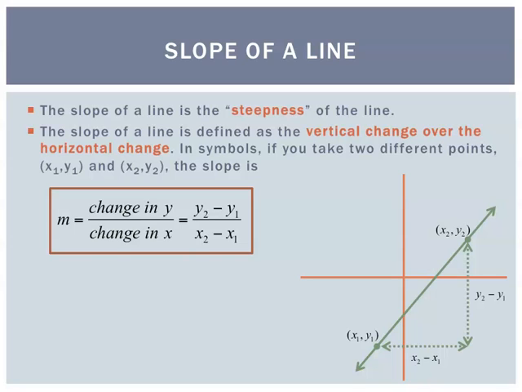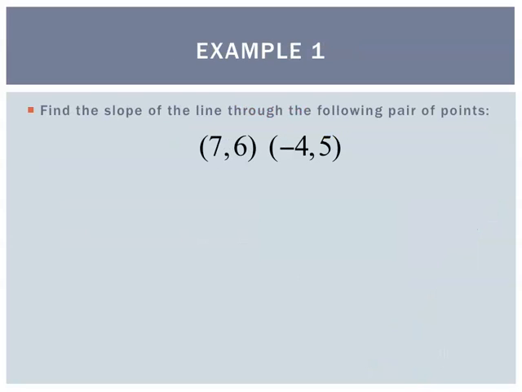Let's take a look at example 1. Find the slope of the line through the following pair of points: 7, 6, negative 4, 5. So simply, we are going to find y2 minus y1 over x2 minus x1. Now it doesn't matter which point you make x1 and y1 versus x2, y2, as long as you stay consistent.